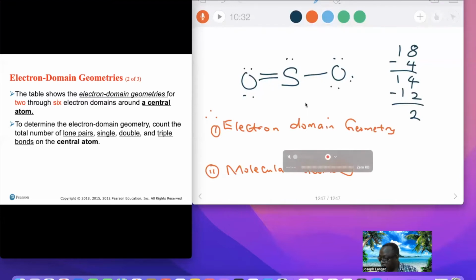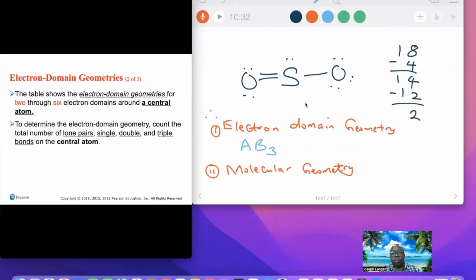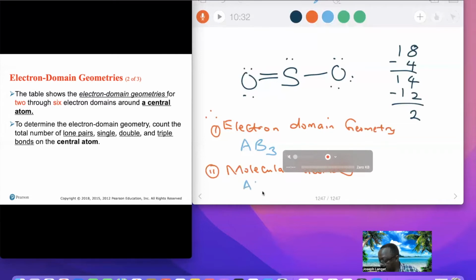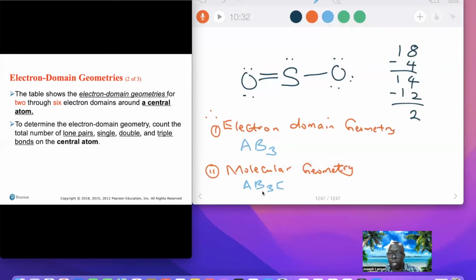So it is AX3. But for molecular geometry, we will look at AX2E, sorry, it's AX2E1.